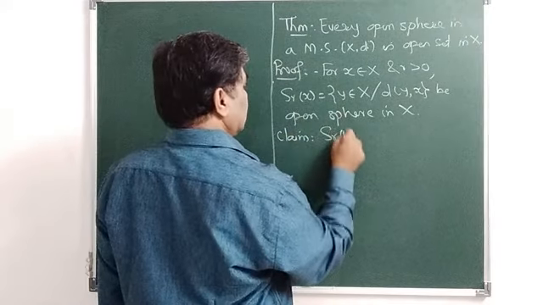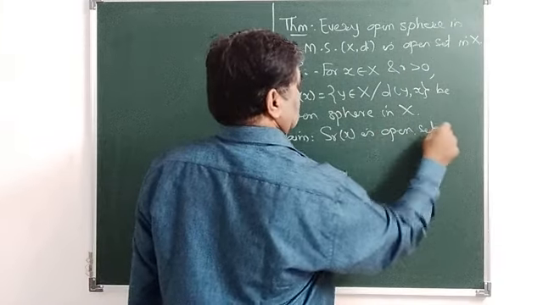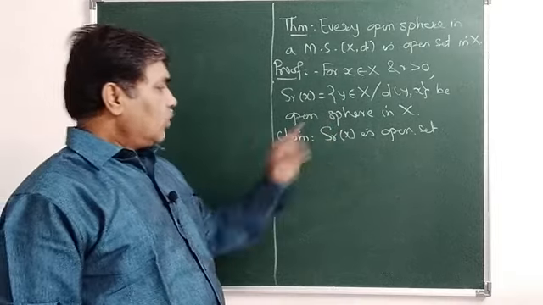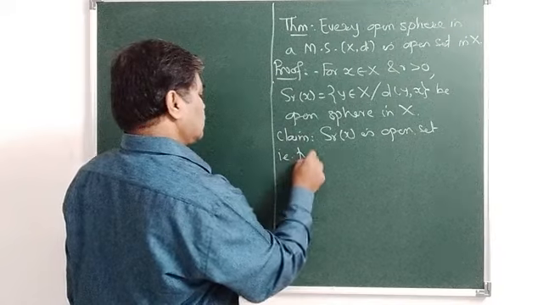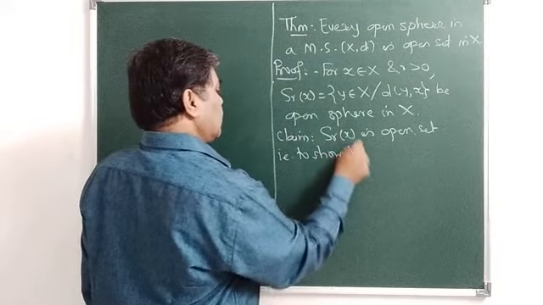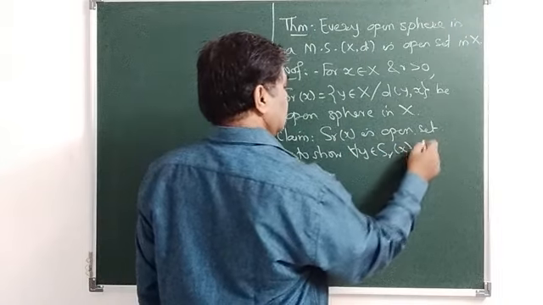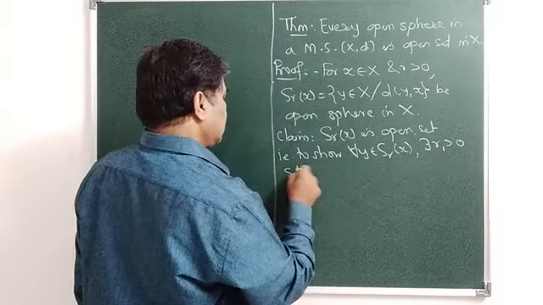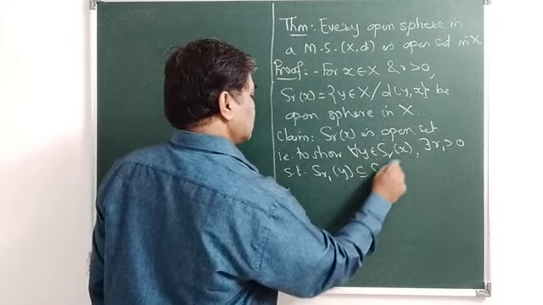S_r(x) is an open set. That is to show that for any y belongs to S_r(x), there exists some r1 greater than 0 such that S_r1(y) is contained in S_r(x).